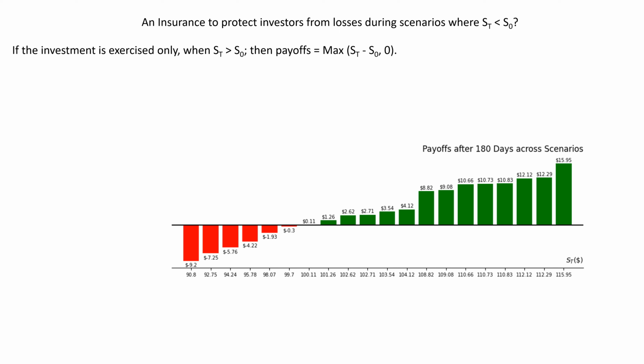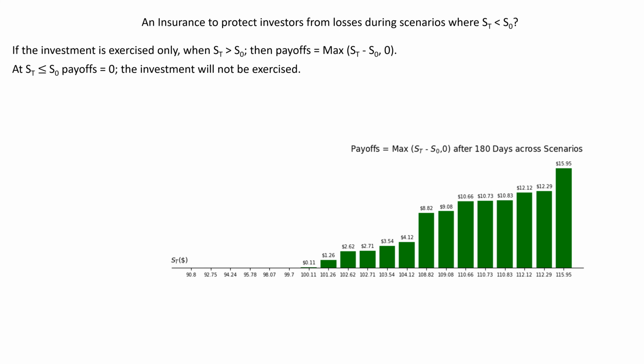Now, if the investment is exercised only when the stock price after 180 days is greater than S0, then the payoffs will equal the max of ST minus S0, or 0, which would translate to: if the stock price ST is less than or equal to S0, then the payoffs are equal to 0 and the investment would not be exercised. And if the payoffs are positive, where ST is greater than S0, then the investment would be exercised. In that case, the payoffs would look like this.